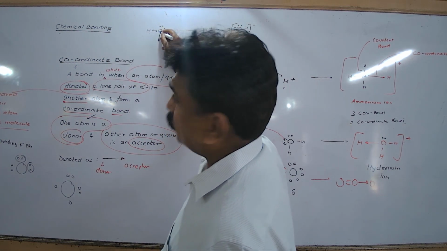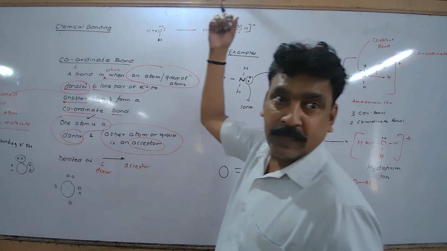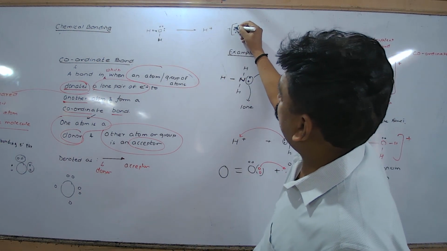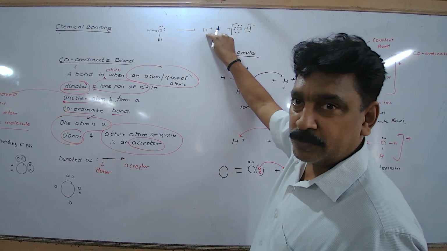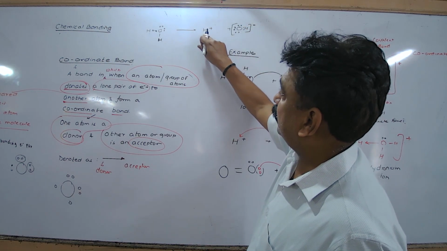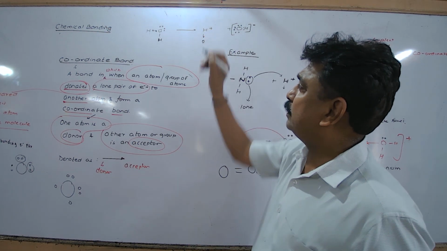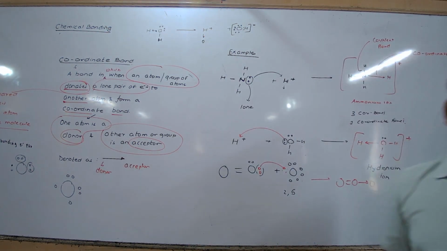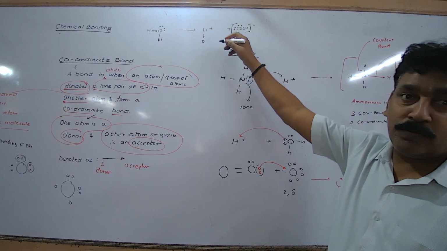Because oxygen is more electronegative, it pulls the electron toward itself. When it pulls the electron, this electron of hydrogen comes to oxygen, and this hydrogen is free from electrons. So the octet of this is complete, but the duplet of this becomes empty, with 0 electrons over this. And that makes the hydroxide ion. So formation of hydroxide and hydrogen ion.